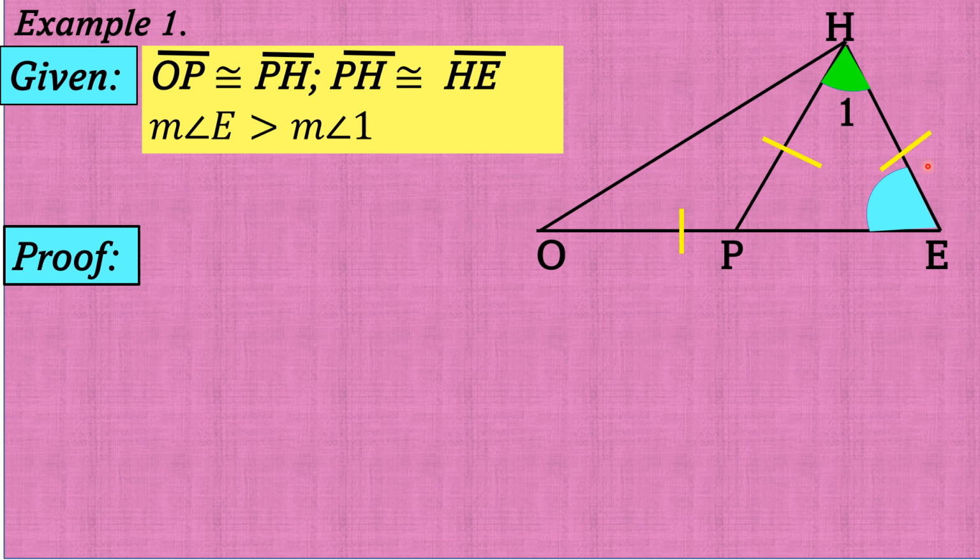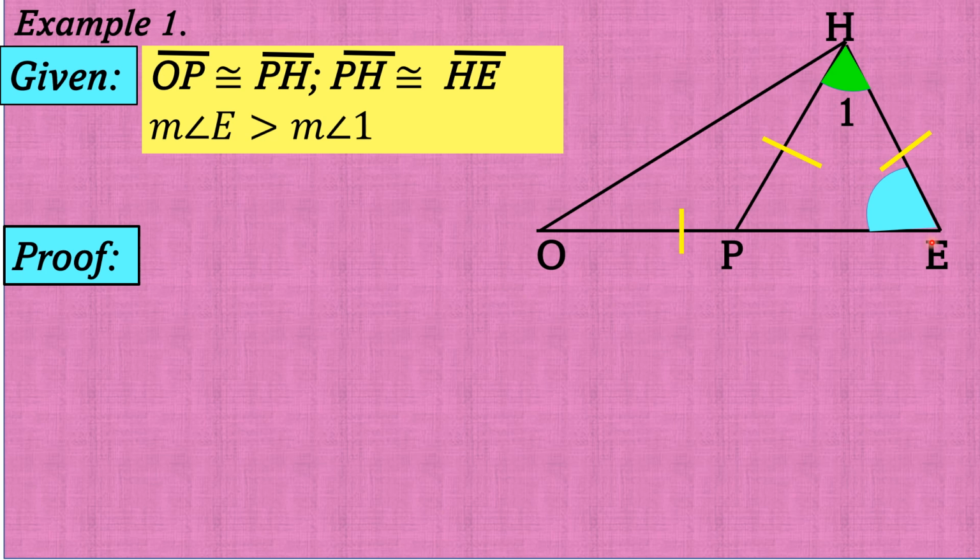And by transitive property, side OP is also congruent to side HE. Kasi nga, side OP is congruent to side PH, and side PH is congruent to side HE. So by transitive property, side OP is also congruent to side HE.